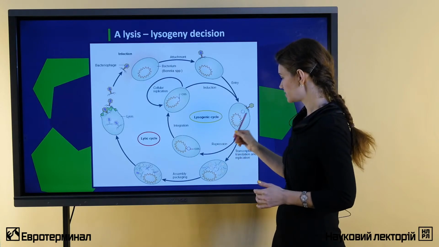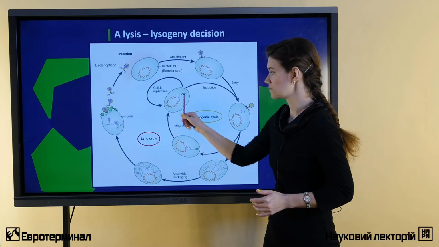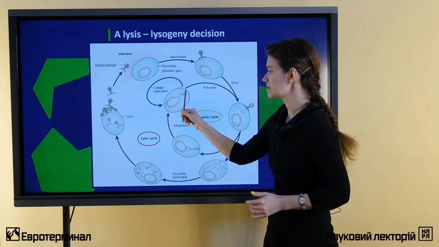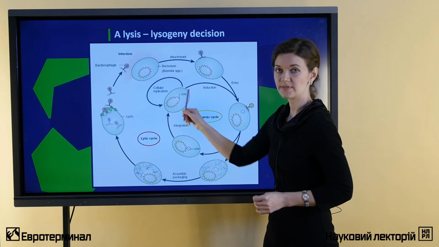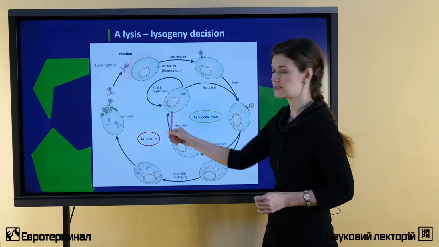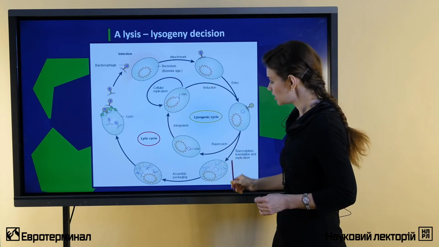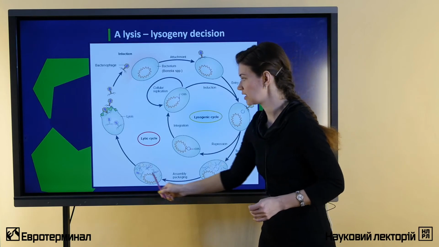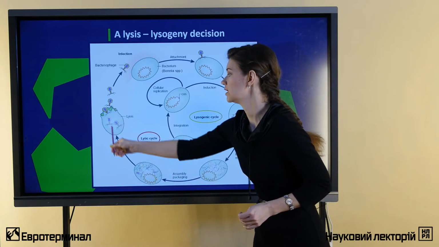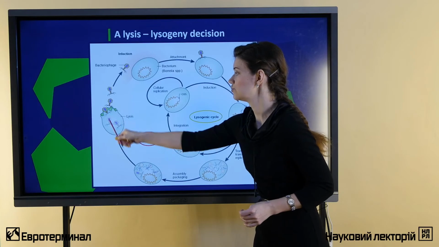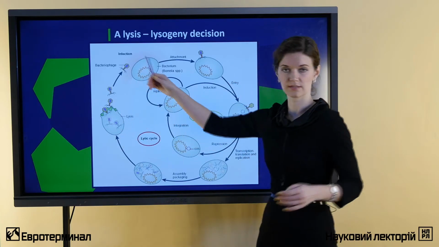The phage enters the cell, enters the genome, becomes prophage. When the cell divides, the prophage divides with the cell, and this is the passive reproduction. If the induction happens, the phage starts the active reproduction, and in the end, the bacterium is dead, and the new generation of phages is released outside.